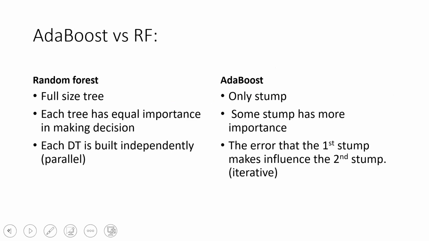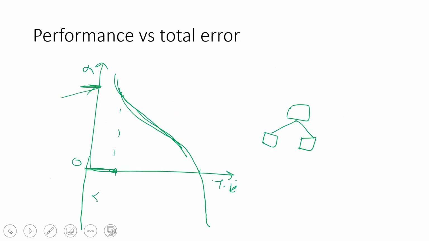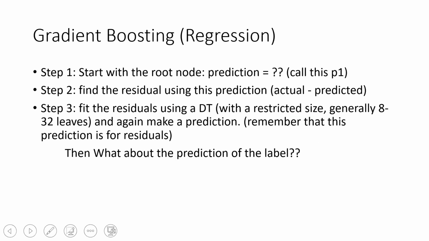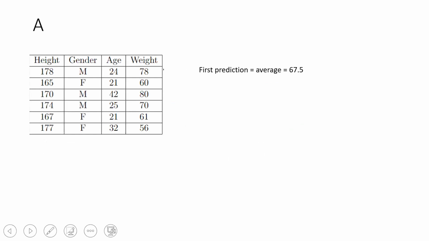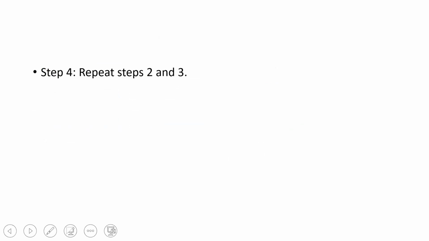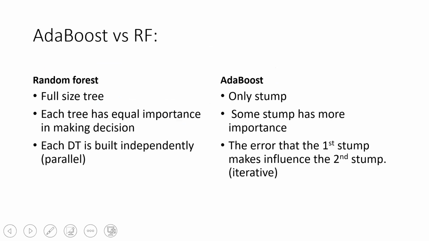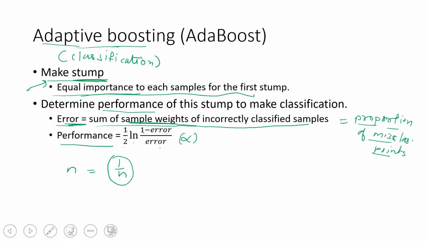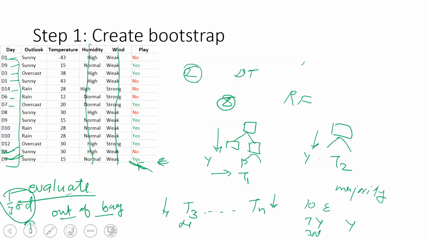Okay, I forgot to add an example here. So, a classification example, can I make use of this? Okay, so let's make use of this to understand AdaBoost.